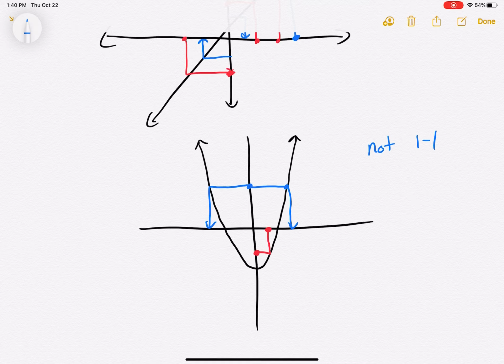There's a very simple test for it. We know functions pass the vertical line test. One-to-one functions pass both the vertical and horizontal line test.